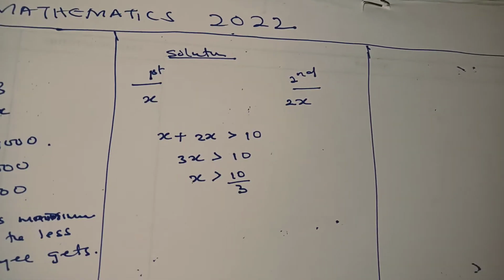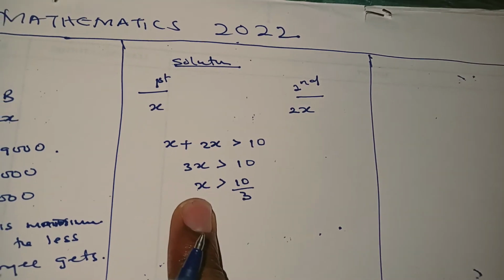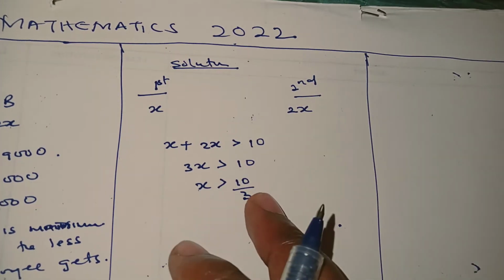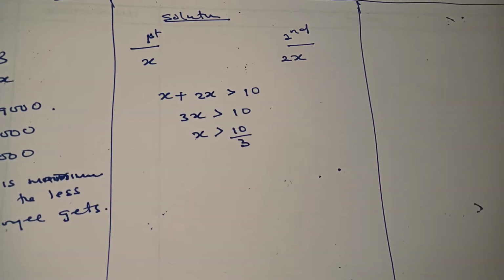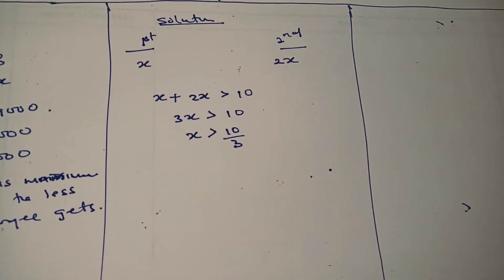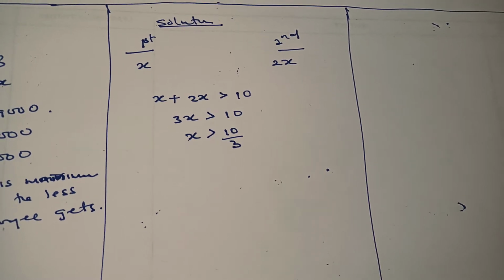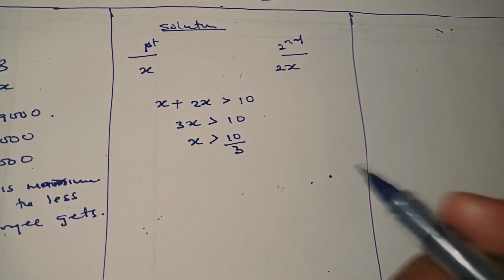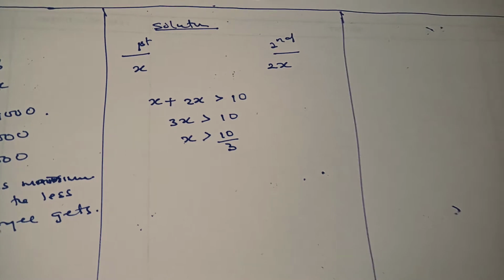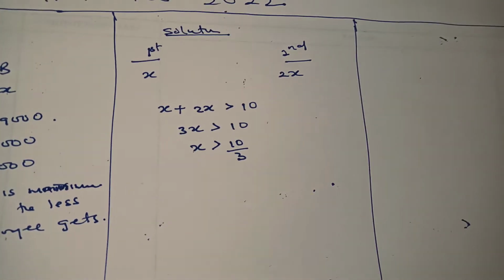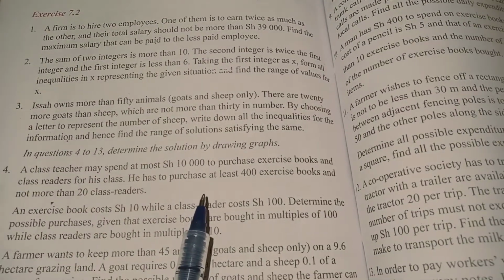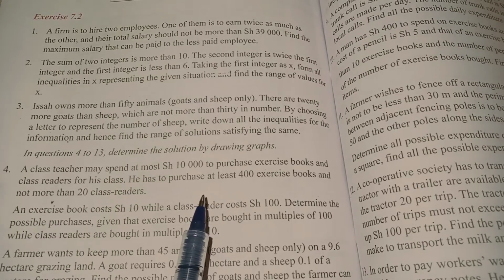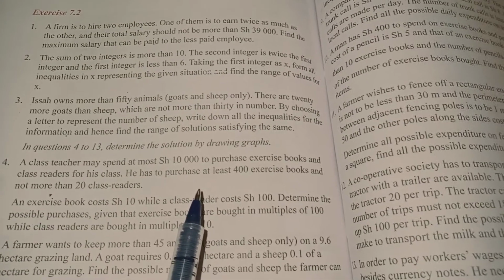Okay, so this integer we are calling x should be bigger than this fraction here, 10 over 3. And because we know that an integer is not a fraction, and 10 over 3 is like 3 and a third, we are talking of a number like 4 and so on. So let's get the next bit of the question that says the second integer is twice the first integer, and the first integer is less than 6.